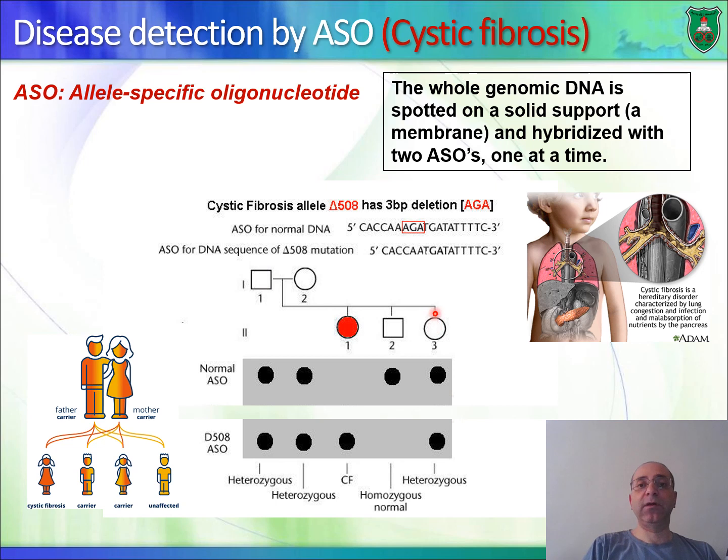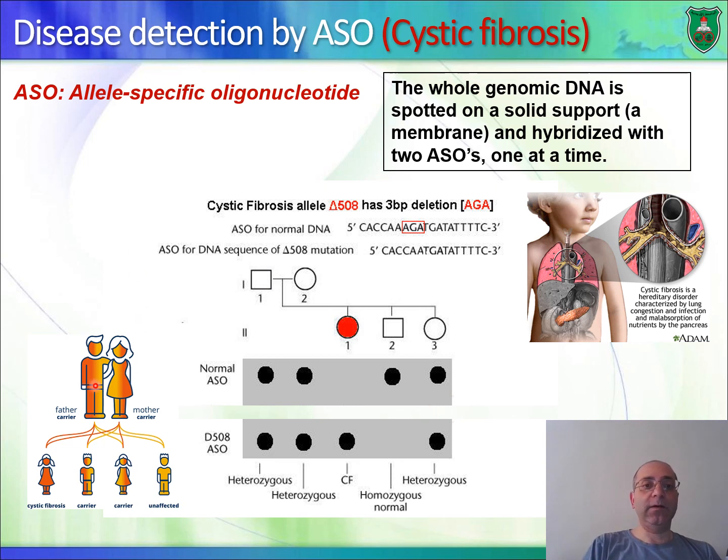Let's look at this third sister right here. She has signal coming out when the normal allele specific nucleotide was added and the mutated probe was added, and this means that this person is a carrier. She is heterozygous. Okay, so this is dot blotting. This is how we can use dot blotting.